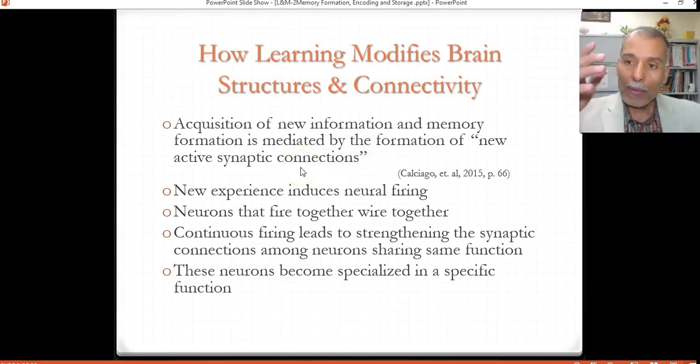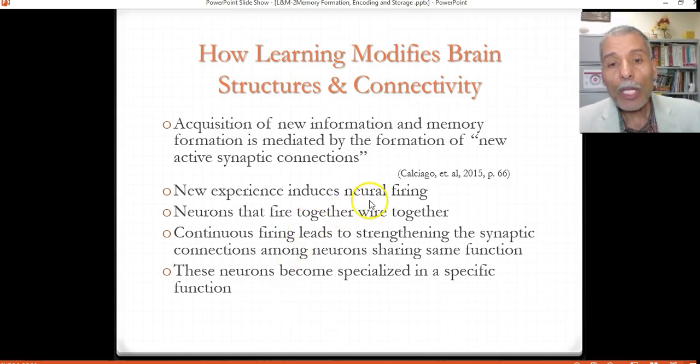So now new synapses are made, and the more they are stimulated, the more they are going to stay, and the more channels they will have, the more neurotransmitters they will have, and the faster neurotransmitters will go back and forth.